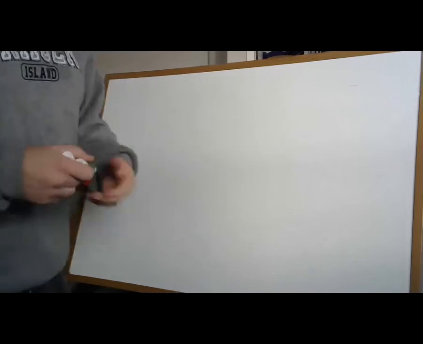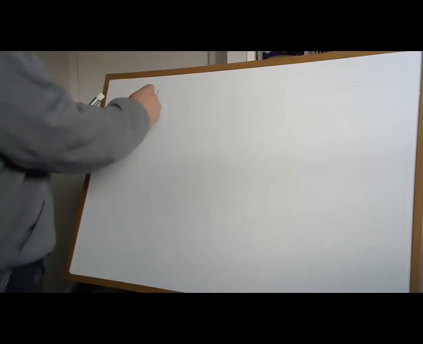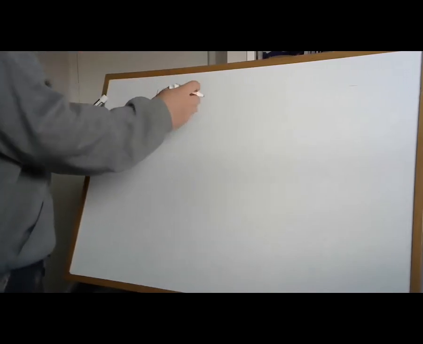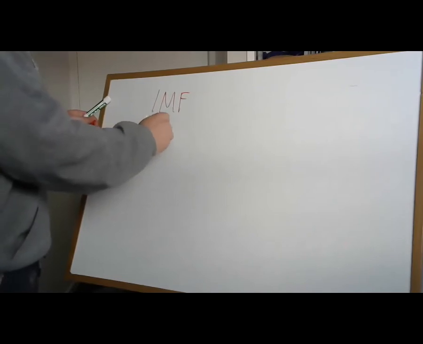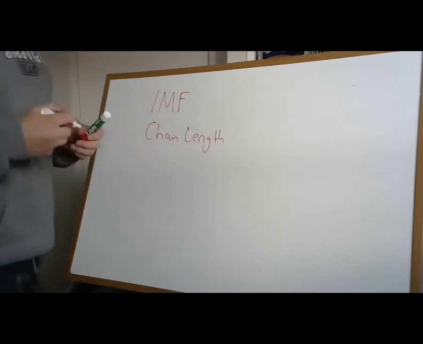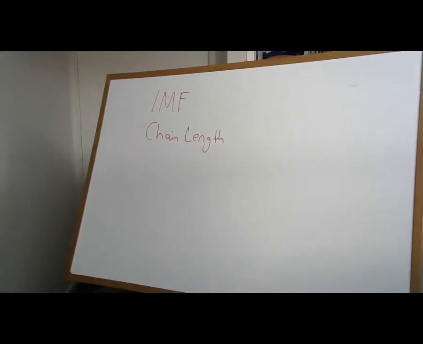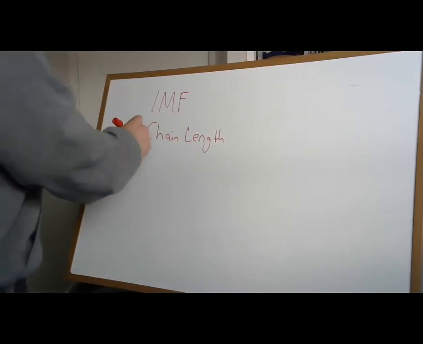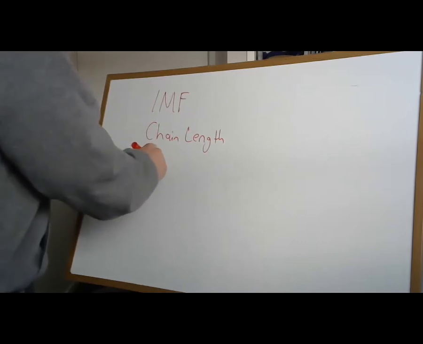So solubility is completely determined by the IMF present, chain length, so the length of the carbon chain, as well as the shape of the molecule.